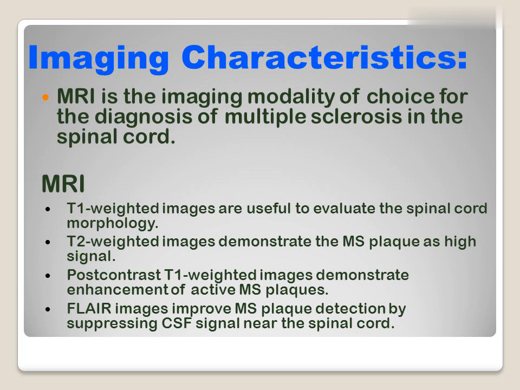T1 weighted images are useful to evaluate the spinal cord morphology. T2 weighted images demonstrate the MS plaque as high signal. Post-contrast T1 weighted images demonstrate enhancement of active MS plaques. FLAIR images improve MS plaque detection by suppressing CSF signal near the spinal cord.